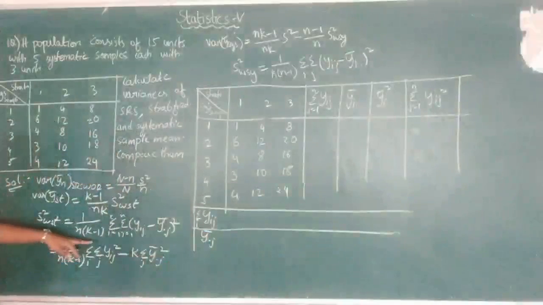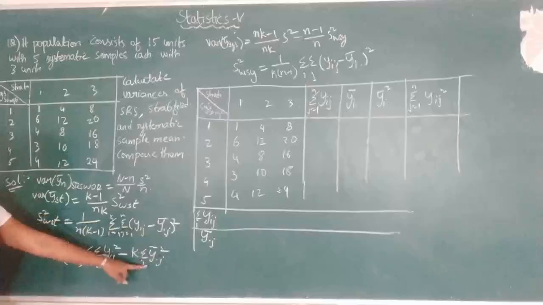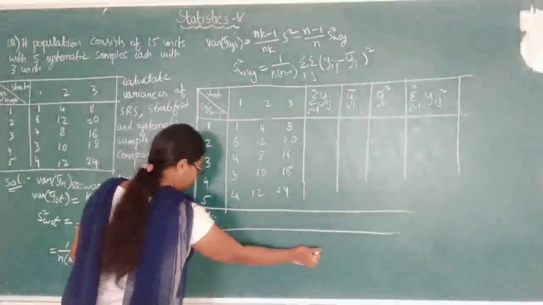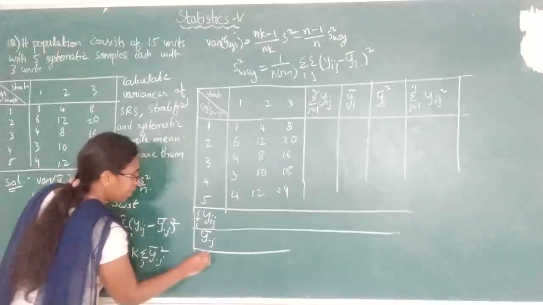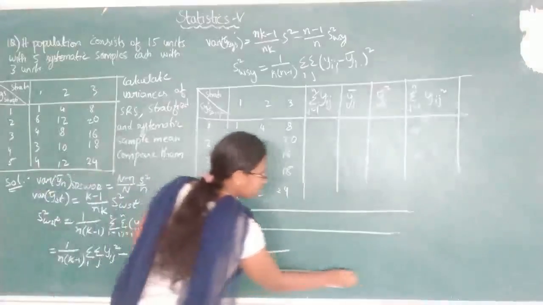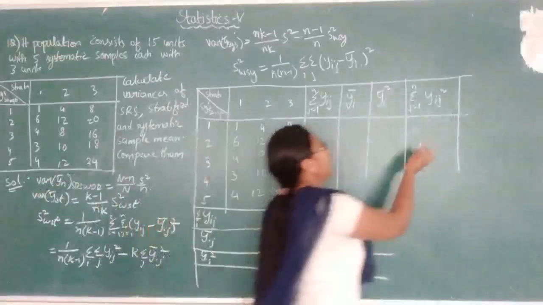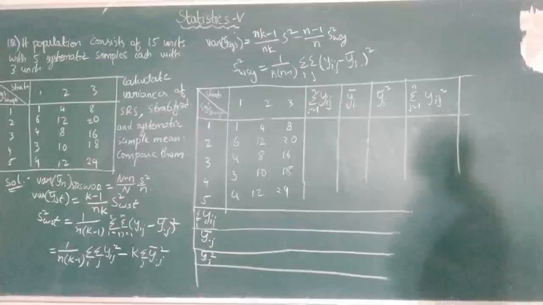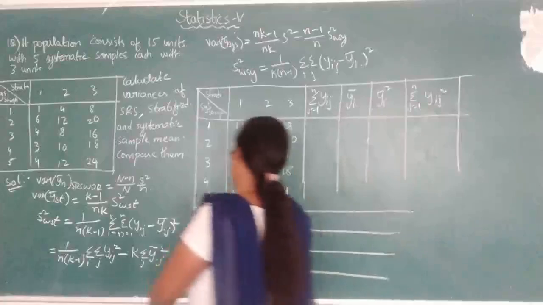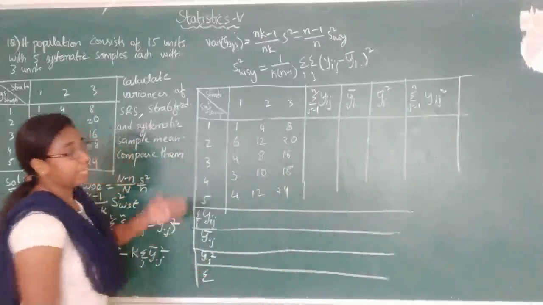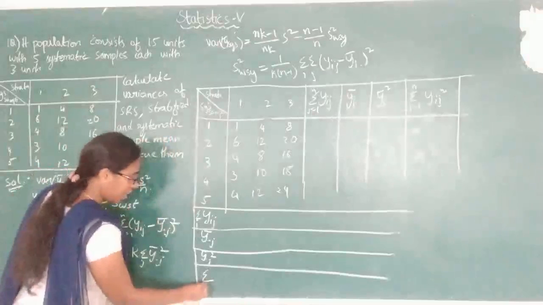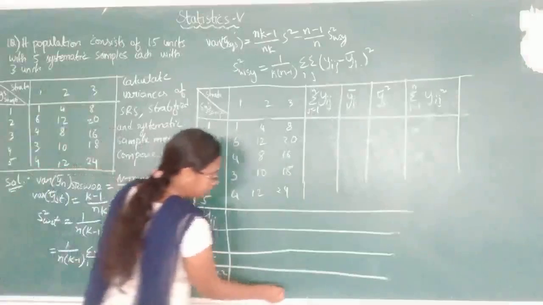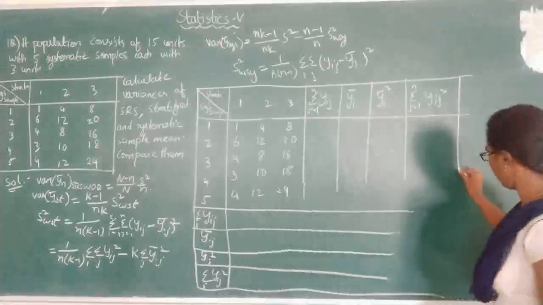Then y dot j bar square, and the last value is similarly yij square. So here you will be calculating yij square column wise. So these are all the values we are going to calculate for our given problem.